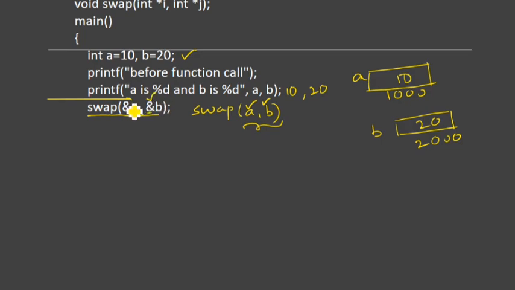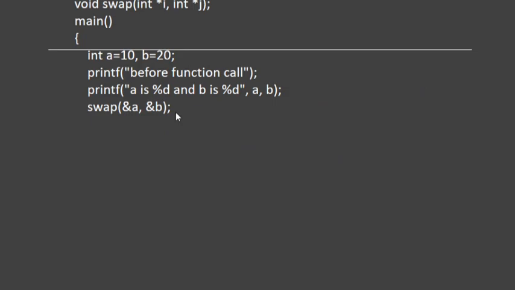So ampersand indicates address. What is the address of a? 1000 I am passing. What is the address of b? 2000 I am passing, not the values 10 and 20.